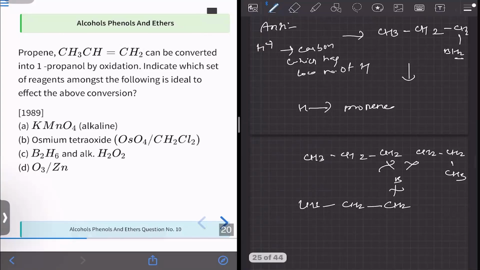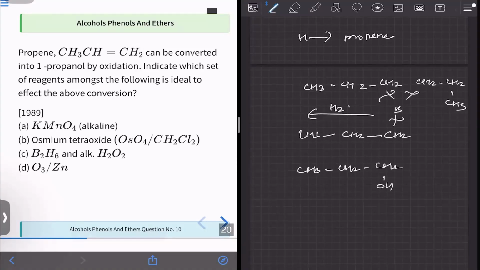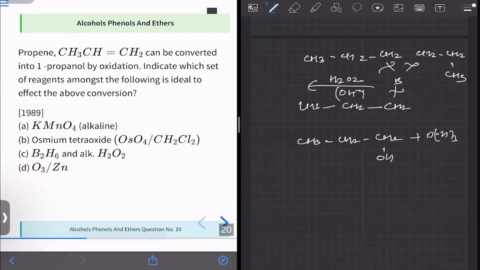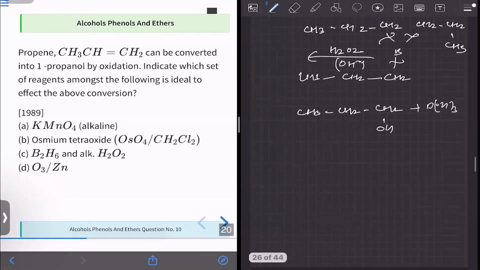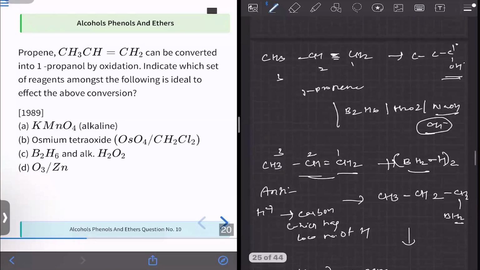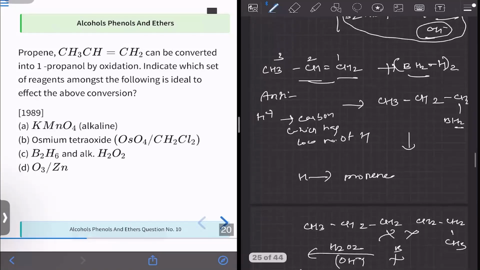On breaking these bonds, it produces CH3CH2CH2OH, an alcohol. How are these bonds broken? With the help of hydrogen peroxide in alkaline media. So it produces the primary alcohol plus B(OH)3. So how is propene converted to propanol? In the presence of B2H6, hydrogen peroxide and sodium hydroxide. The most ideal reagent is C.